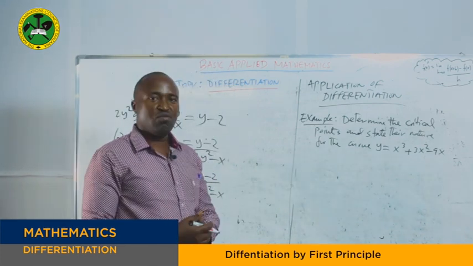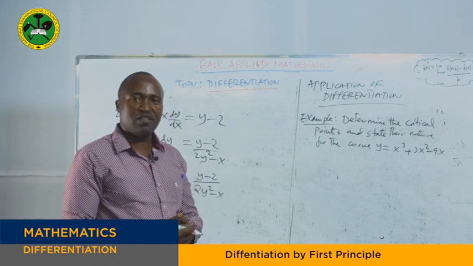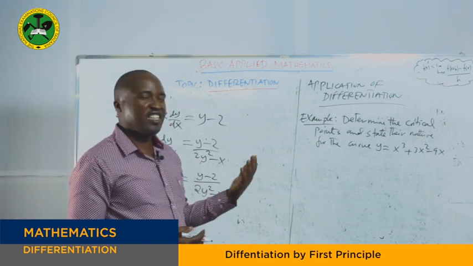We have the equation y is equal to x³ plus 3x² minus 9x.